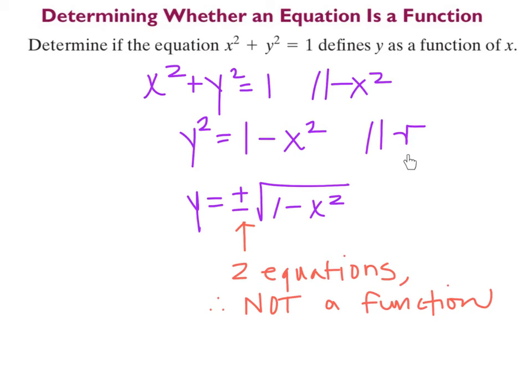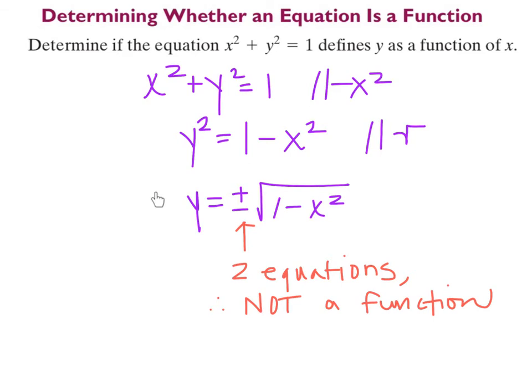I take the square root of both sides. Now, if you forgot, when you take the square root of a variable squared, so y squared, x squared, doesn't matter, you have to account for two different cases, a positive and negative case. That's different if it was just a number, like the square root of 4 is just positive 2, but the square root of a variable squared is positive and negative whatever's on the other side of the equation.